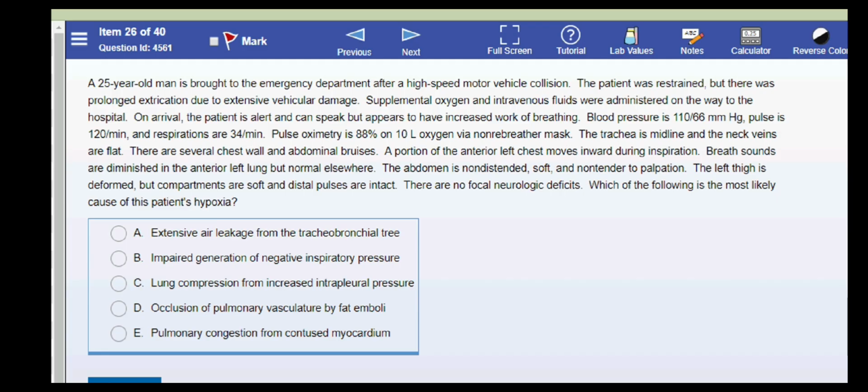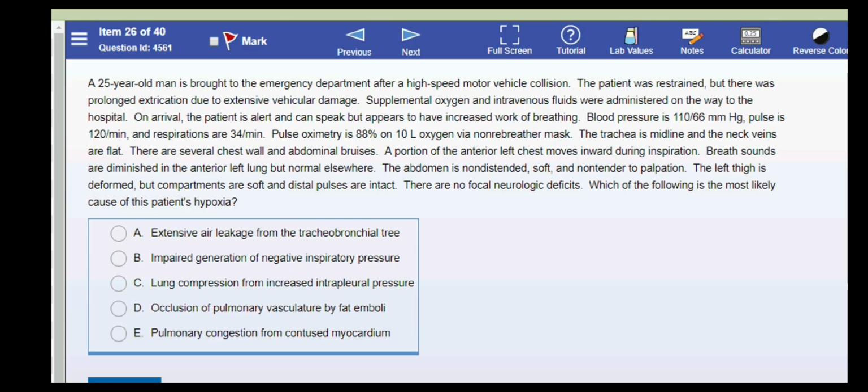We have a 25-year-old man brought to the emergency department after a high-speed motor vehicle collision. The patient was restrained, but there was prolonged extrication due to extensive vehicular damage.